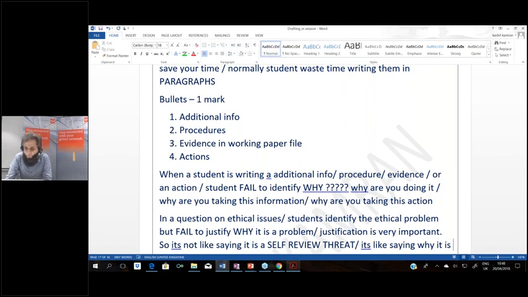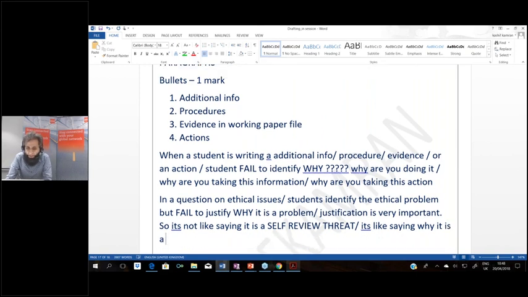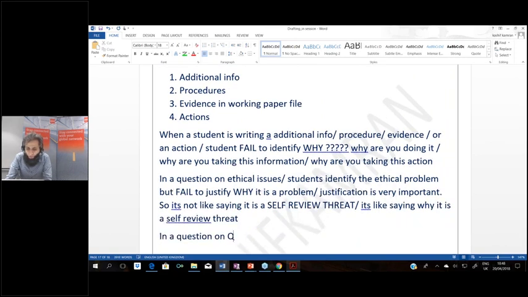The same happens with quality control issues. In a question on quality control issue, students simply say this compromises the quality.